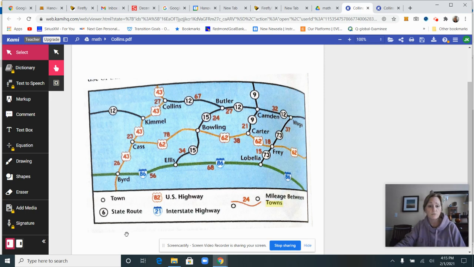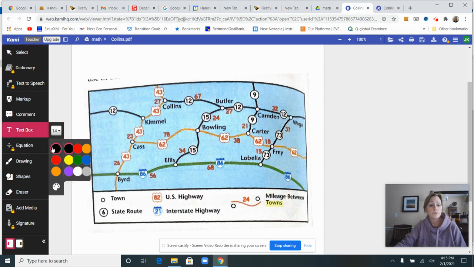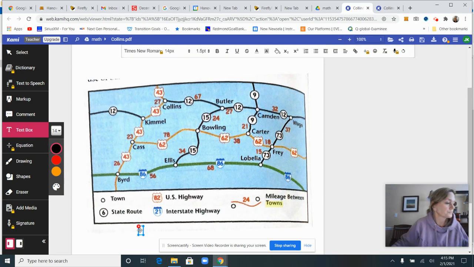Okay, so let's do a sample problem because it's not only going to ask you that, it's going to ask you to figure out how long it took you. Okay, so let's say we did that trip. Let's go from Wago to Camden, which was 32 miles. Then we're going to add 27, and we're going to add 24.